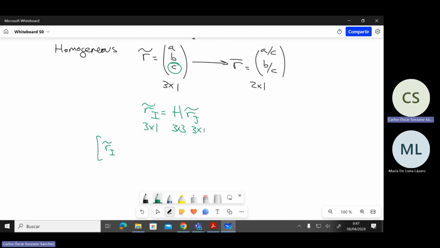I will have Ri1 multiplied by H, which gives Rj1. And then, so this is a pair. And then I have another pair, I2, and this goes to another, and all the pairs that we have.